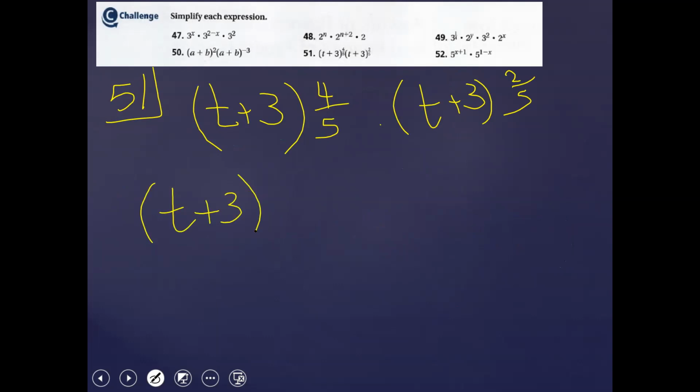Since we have the same base, I can add the powers. Can we add 4 over 5 plus 2 over 5? Yes, it is 6 over 5. So t plus 3 raised to the power 6 over 5.